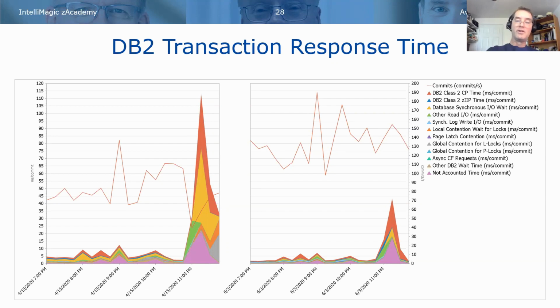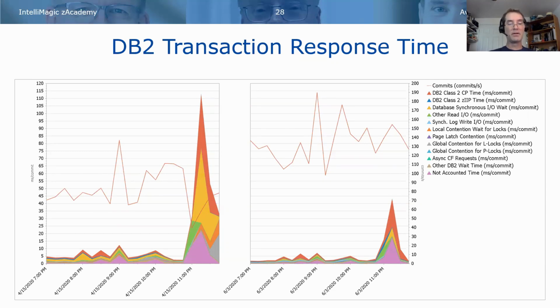You can see that there's DB2 class 2 CPU time at the top, but the largest component on the left, that yellow, is the database synchronous I/O wait. And this is, again, the same data before and after. You can see that it basically disappears in the after picture using zHyperlink. You don't have to be a DB2 expert to look at this and say, wow, that's a whole lot better.